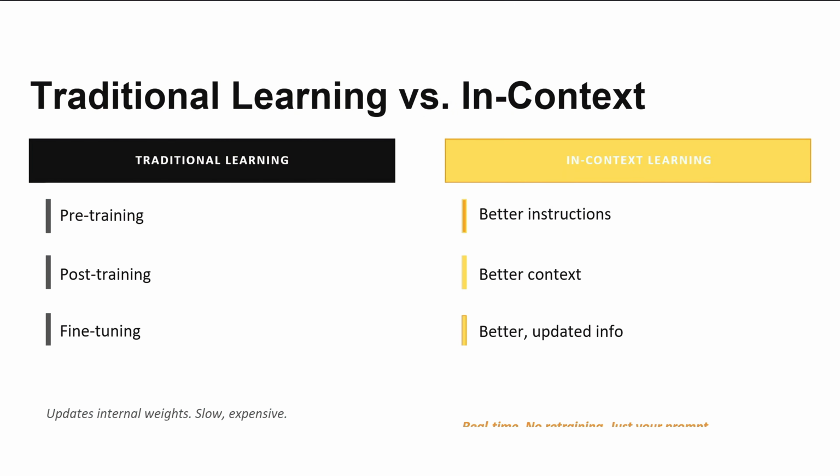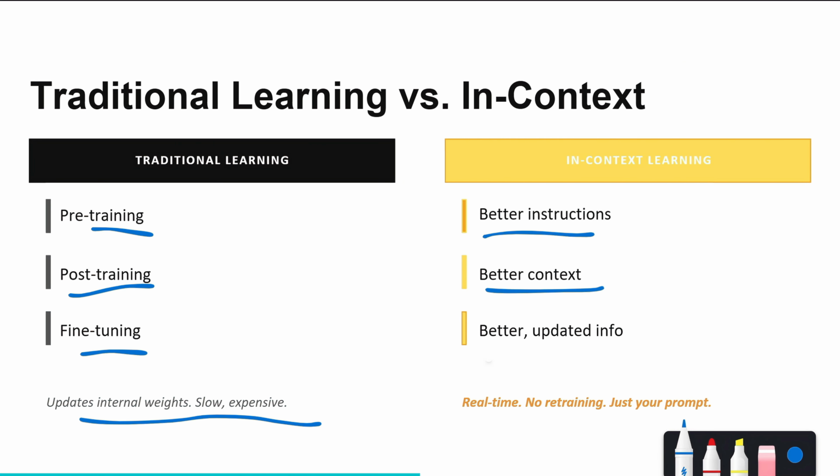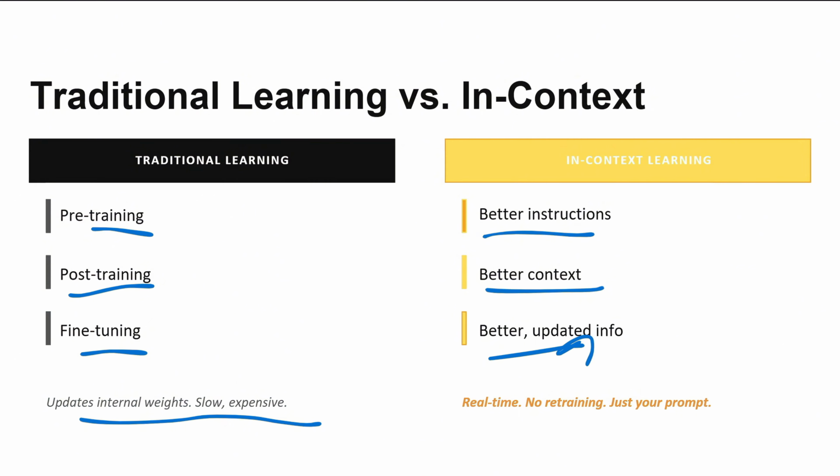Traditionally, models learn through pre-training, post-training, and fine-tuning, where the internal weights are updated. This is slow and expensive, but here's the shift. You don't have to retrain the model. You can guide it in real time just through your prompt by giving it better instructions, better context, and up-to-date information. So instead of changing the AI itself, you are shaping how it responds on the spot.